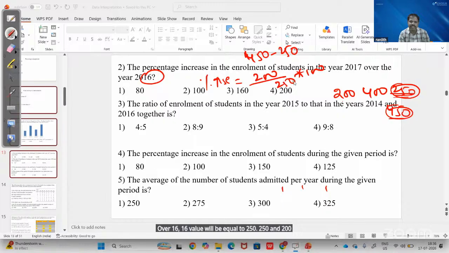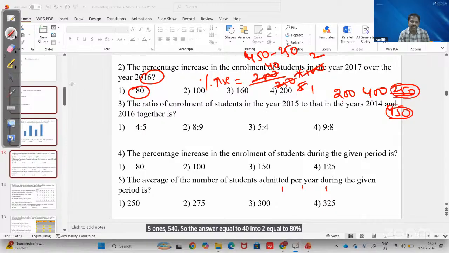Do the cancellation: 5 fives are 25, 5 twos are 10, 5 ones are 5, giving 40. So the answer is 40 into 2, equal to 80%.